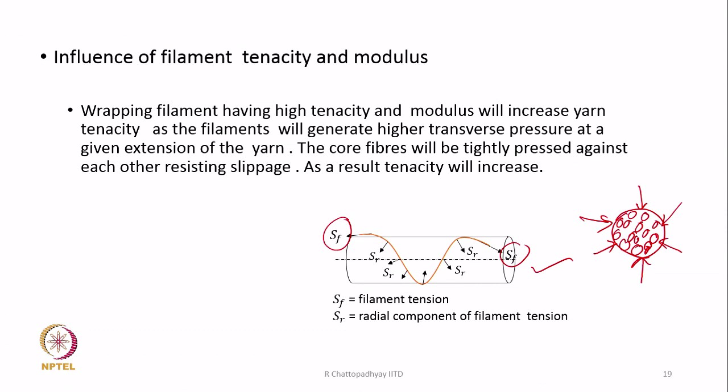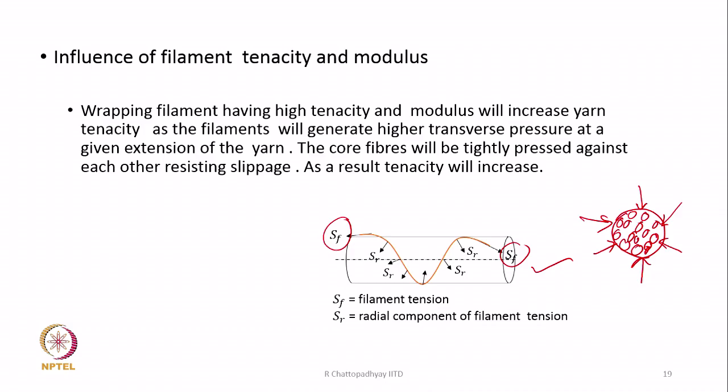If the filament gets stretched, one component of the filament tension will be acting radially inwards, and this radial inward force will actually hold the fiber together. So, wrapping filament with high tenacity and high modulus will increase yarn tenacity, as filaments will generate high transverse pressure at a given extension of the yarn.